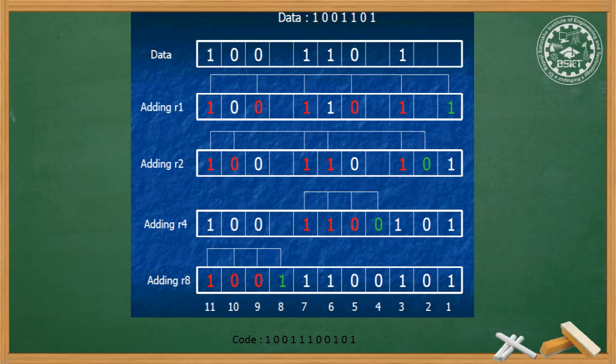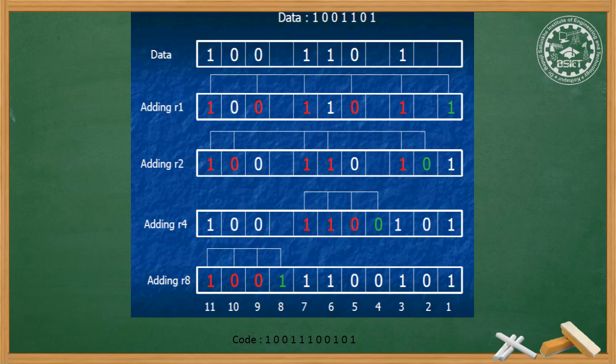This is one example, with the data frame taken as 1001101. Those bits are put in the frame and we add the redundancy bits at the specified locations. And we calculate R1, R2, R4, R8. Just now we discussed how to calculate those.